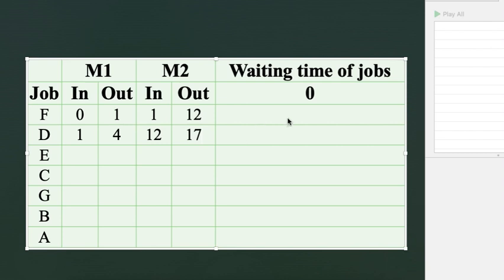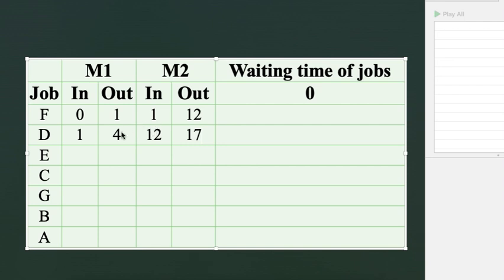Now we have to calculate the waiting time here. At time instant 4, job D is ready to be processed on M2. Am I right? Job D is ready to be processed on M2, but M2 is not free here, because it will be processing job F. Therefore job D has to wait for how many hours?